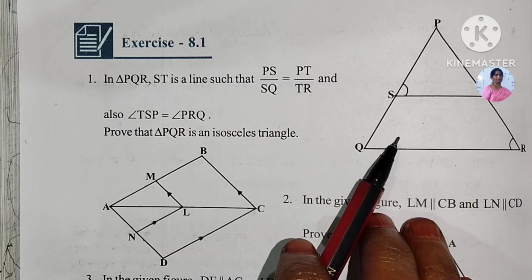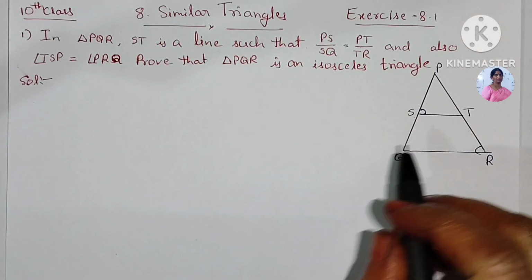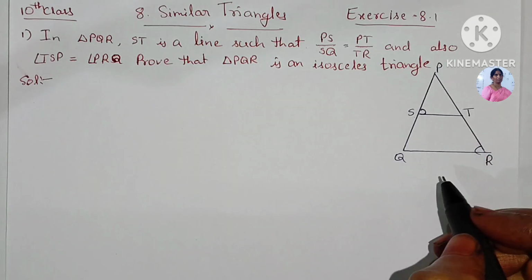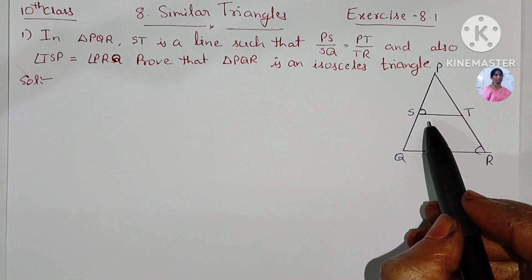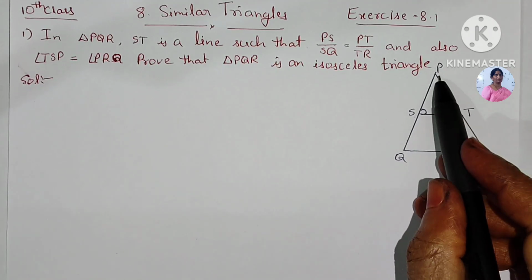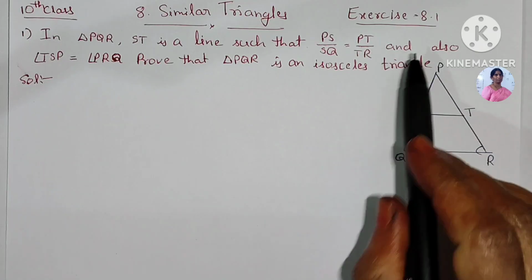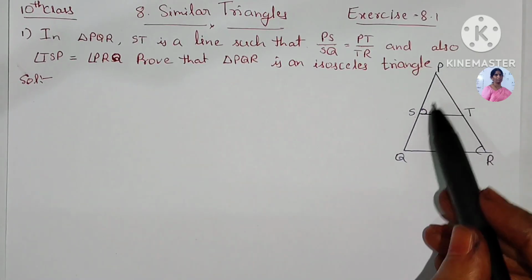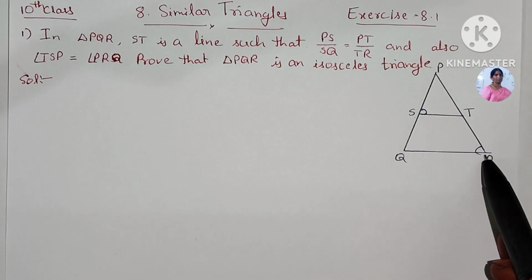We draw the diagram: triangle PQR, with ST, PS by SQ equal to PT by TR, and angle TSP equal to angle PRQ.